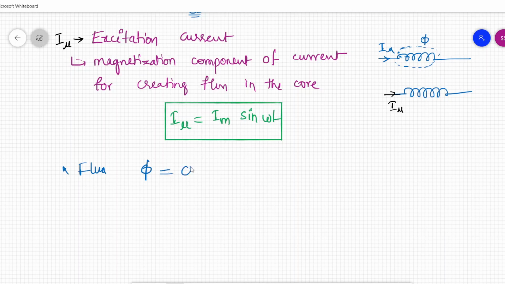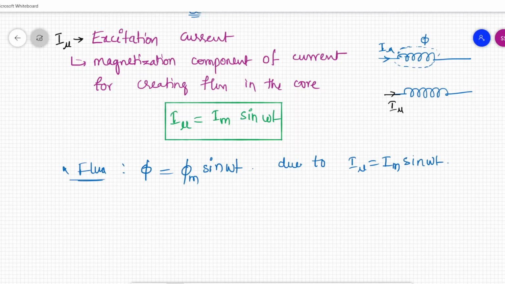Due to this AC current there will be a sinusoidal flux creation, that is phi m sin omega t. So this is the flux due to I mu, which is equal to Im sin omega t. Due to the sinusoidal current flowing through the winding, there is a sinusoidal flux being created in the winding.